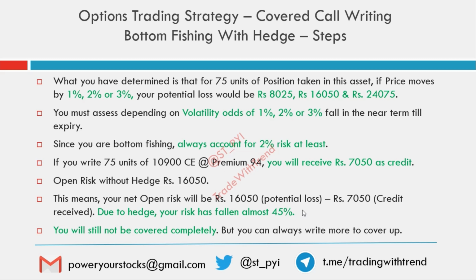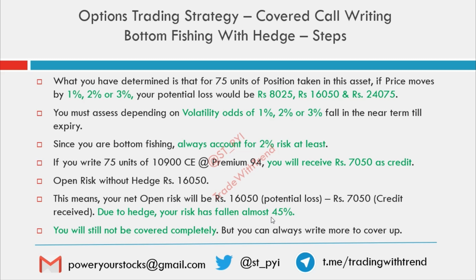The main reason is that the open risk was rupees 16,050 because of the stock position I was holding. But the moment I wrote the 10,900 call for a premium of 94 and received 7,050 as credit, my overall risk became rupees 16,050 minus rupees 7,050. So just by creating a hedge, my overall risk has fallen by about 45%.